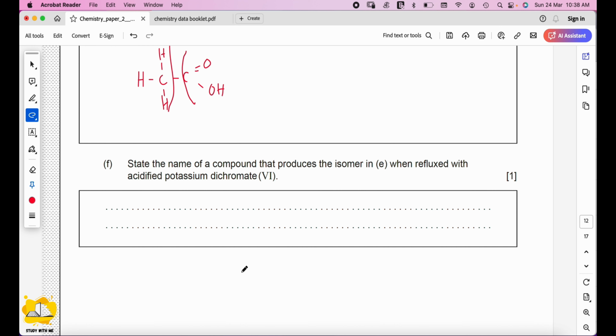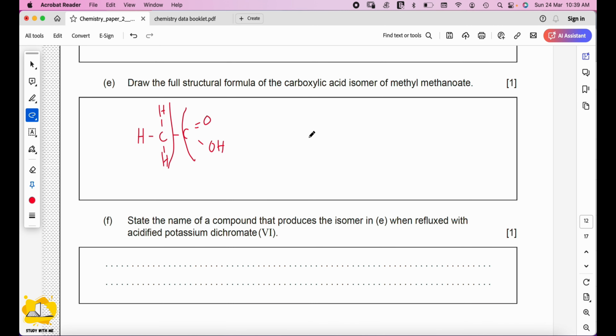So when a primary alcohol is oxidized, it will produce aldehyde and also carboxylic acid. So the name of the compound that produced this carboxylic acid will be ethanol. Okay, so the structure will be like this.